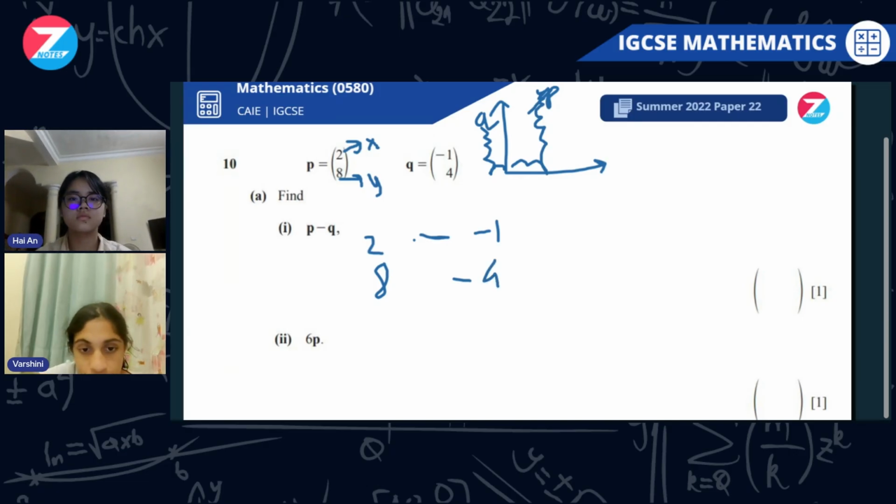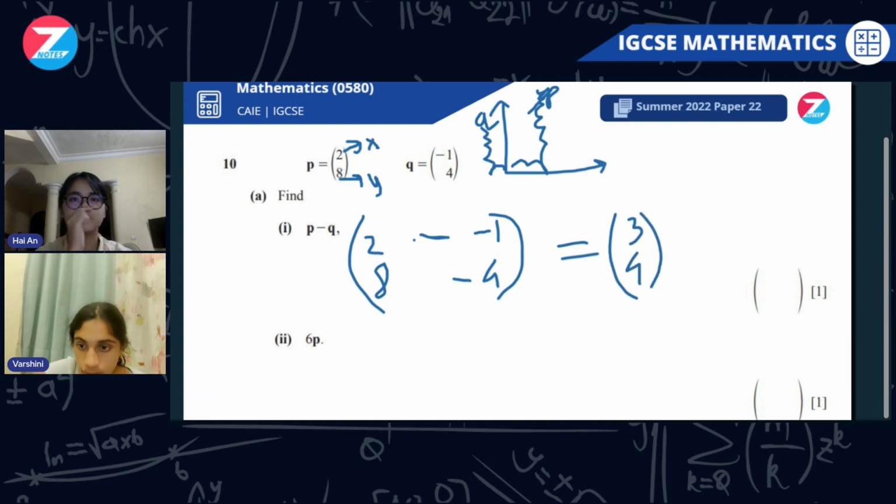Don't forget the -1 over here, which is already in q. So now we know that minus minus is a plus, but you could also just put it right in your calculator just to double check. And on the top you should get 3, and on the bottom you should get 4. So we'll just rewrite this in these brackets.